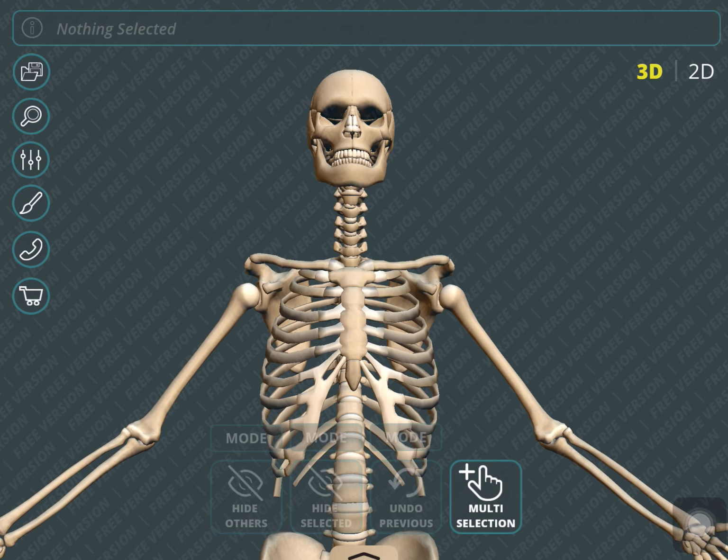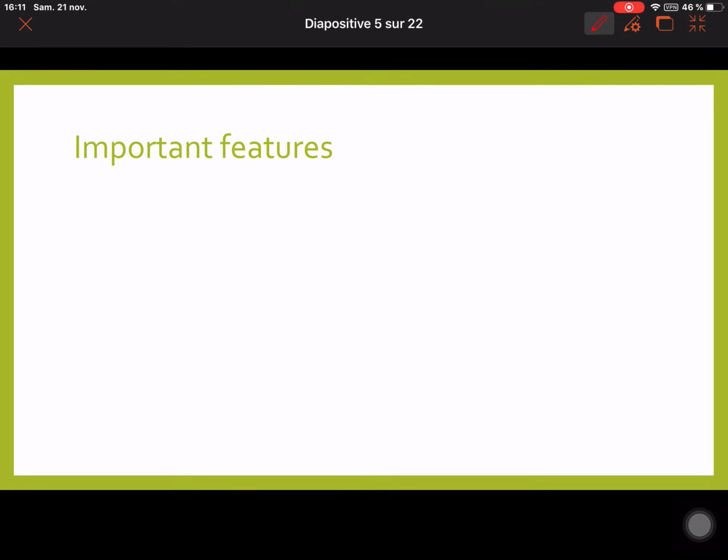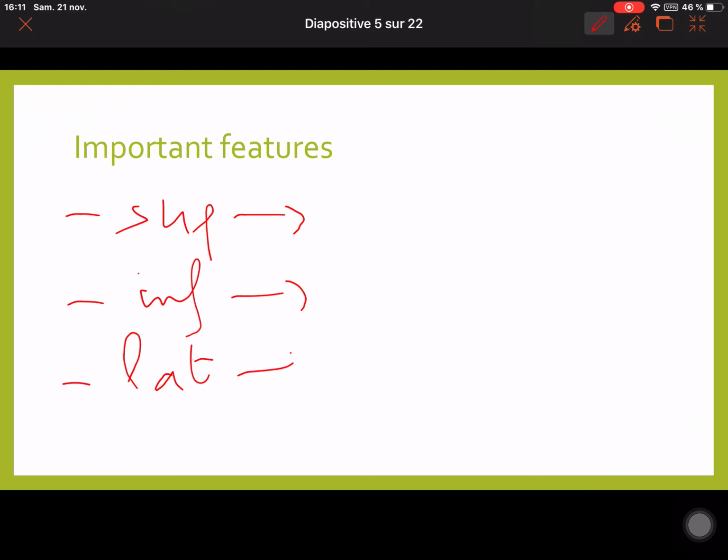So let's return here. We discussed the important features. The borders, we have the superior border is formed by the superior thoracic aperture. The inferior border is formed by the costal margin. The lateral border is formed by the ribs, 12 ribs on each side. And then lastly the anterior border is formed by the sternum, okay.